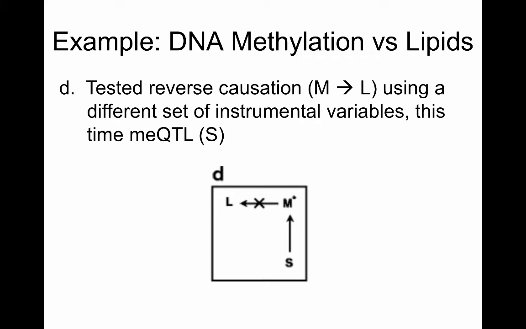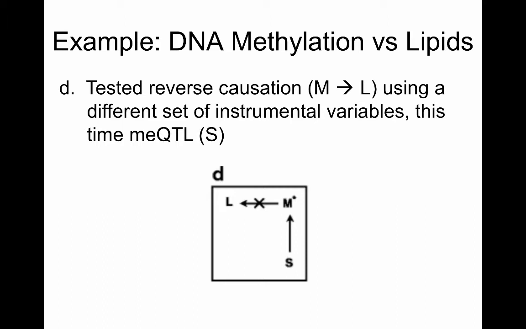For those 11 CpGs, the investigators now tested their reverse causality using a different set of instrumental variables that were MEQTL capturing variation in methylation, and that's S. Methylation at those 11 loci is now the exposure, and lipids are the outcome, so this is a bidirectional Mendelian randomization.